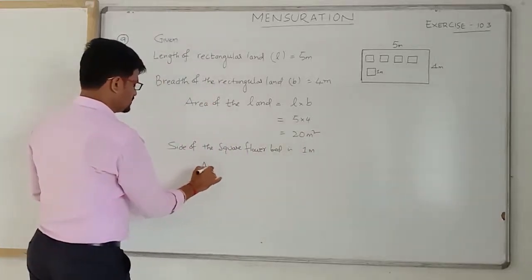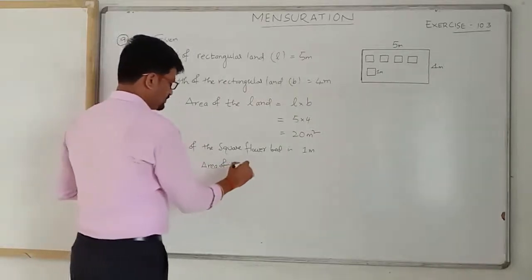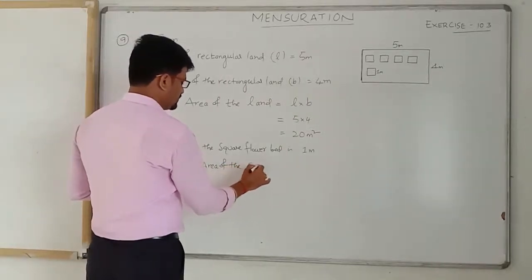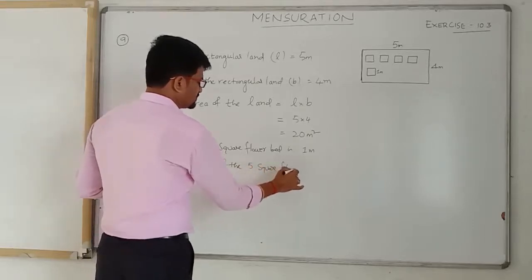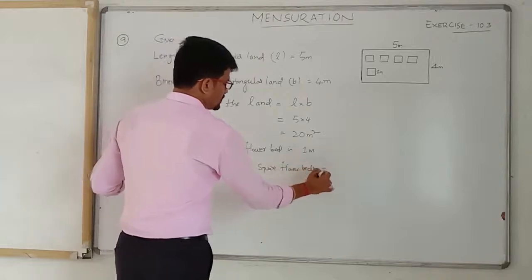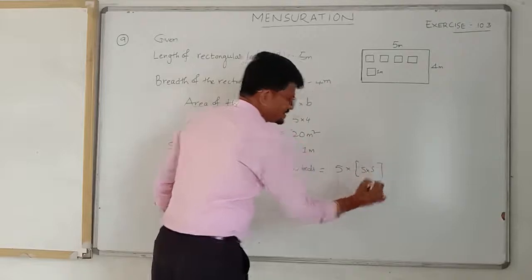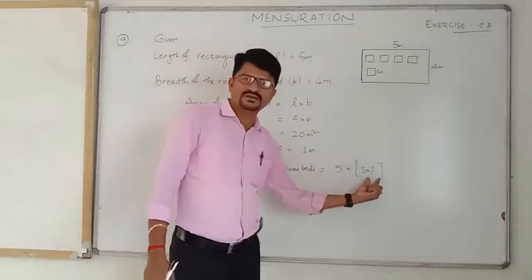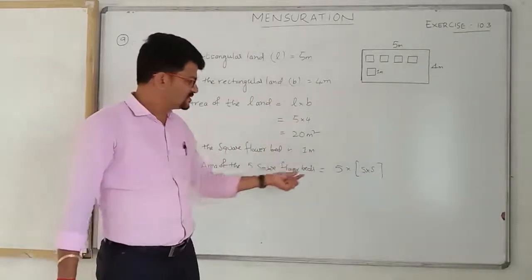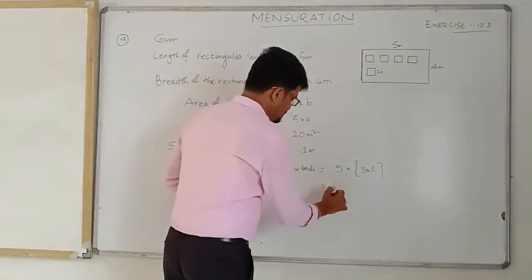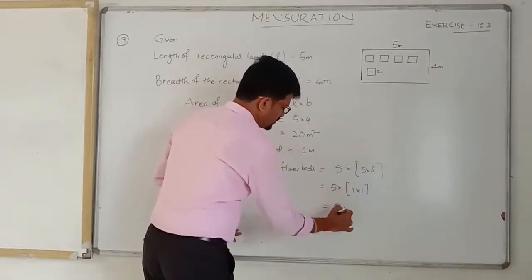Therefore, the area of the 5 square flower beds is 5 into S into S. Am I right, children? Because the area of a square is S into S, and how many flower beds? 5 square flower beds. So 5 into that, that implies 5 into 1, that implies 5 meters square.